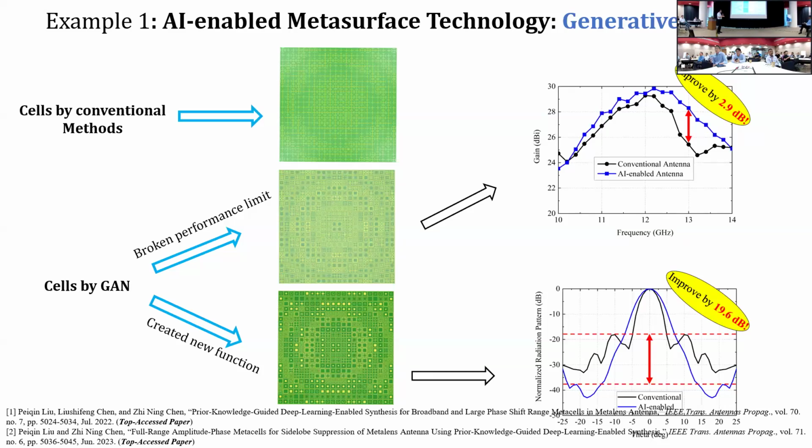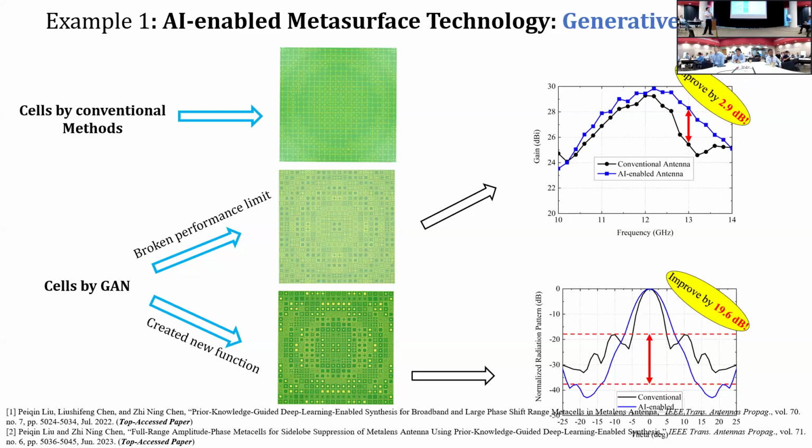Another one: we try to integrate more functions into one design. For example, before we used this cell just for the phase shift, but if we go for the lens design and try to suppress the side lobe, we must control the phase shift and the amplitude distribution simultaneously. Before, we had to use two lenses. One is for the phase control, another one for the amplitude control.